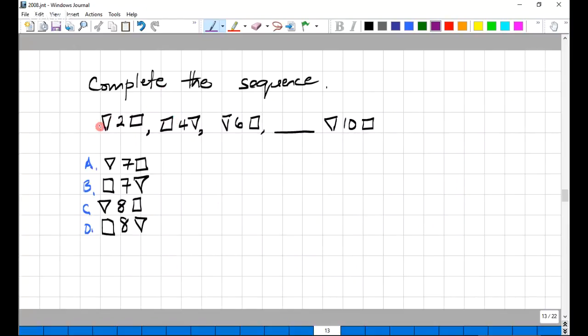Every time I move over to the other one, do I keep starting with a triangle or does it change? It changed. So I start with a triangle, but I end with a square. If I start with a square, I end with a triangle. And if I start with a triangle, I end with a square. So what do I need to start with in this one? A square.